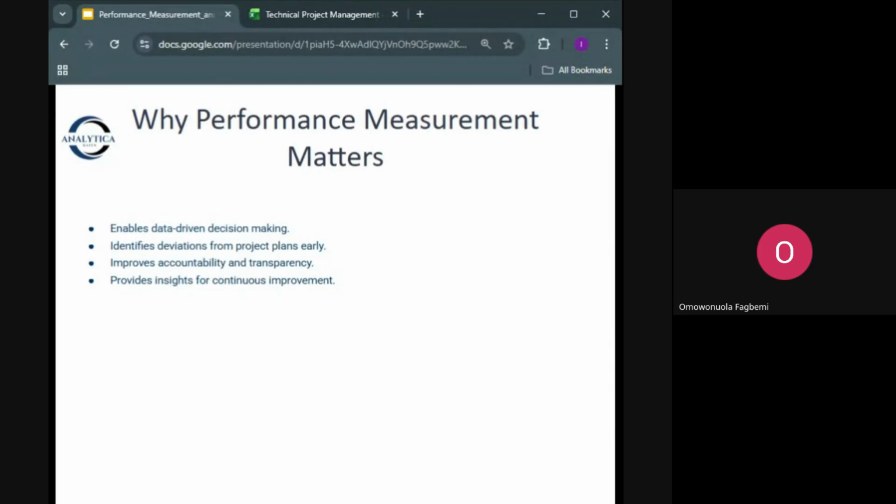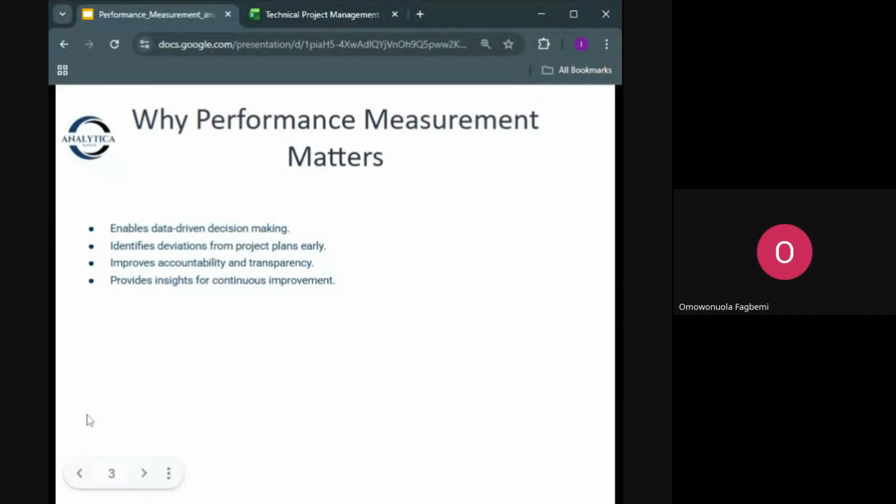With measurement, you can make data-driven decisions, not guesses. You catch problems early, like budget overruns or delays. You maintain accountability. Both the team and contractors know performance is being monitored. And you ensure continuous improvement, using data to perform better next time. So if you don't measure, we're just hoping for success. Okay.